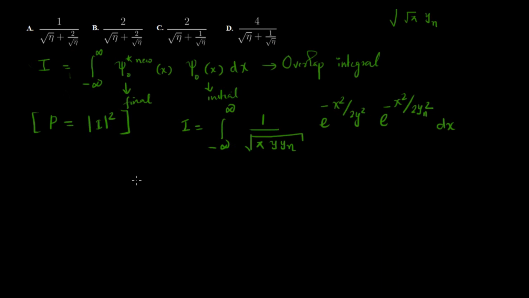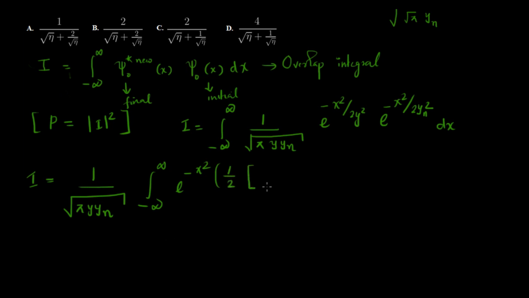Okay, I'm going to solve this integral. I equals 1 over square root of pi y yn, because it's a constant, I'm taking it outside, integral from minus infinity to infinity of e to the power minus x squared times one half in the brackets, 1 by y squared plus 1 by yn squared, dx.